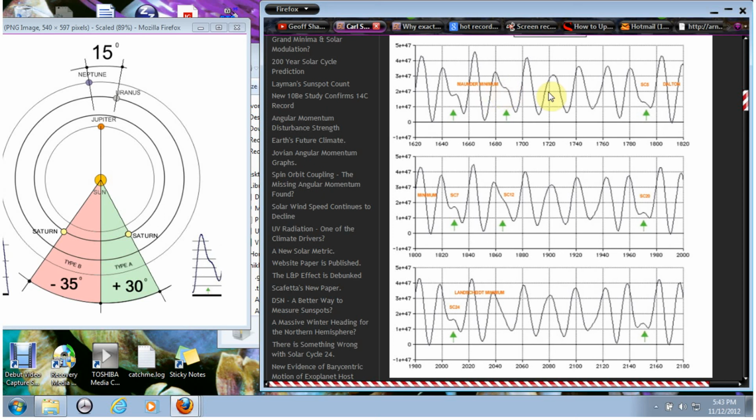And you can see there are different shapes and different amounts of kick out. Now, this also coincides with the disordered orbit. So the larger the disordered orbit, the greater the perturbation, and also the greater the solar downturn or grand minimum event that occurs.